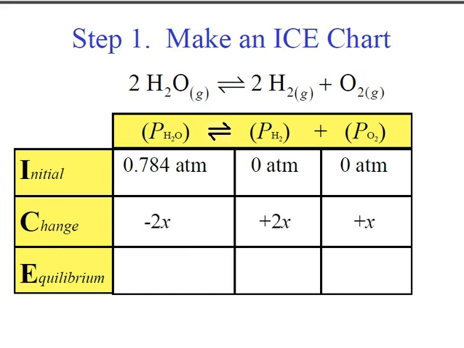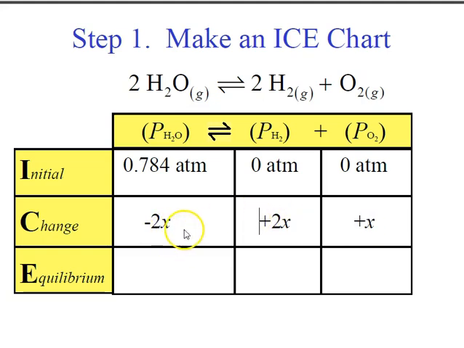The next thing you do is fill in your change line. On your change line, you're going to put a negative for the things that are being used up. In this case, the water is going to be used to make the products because it's the reactant. So we put a negative for the change because its concentration or pressure is going to go down. The products then have positive signs in front of them because they're going to be going up in pressure.